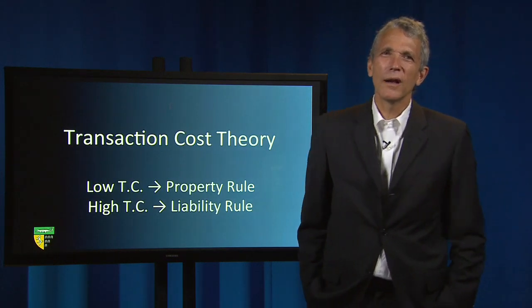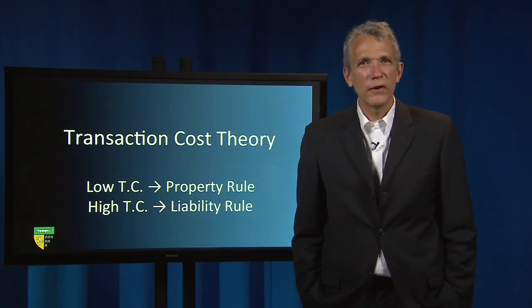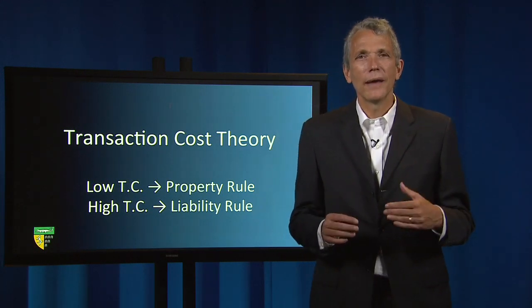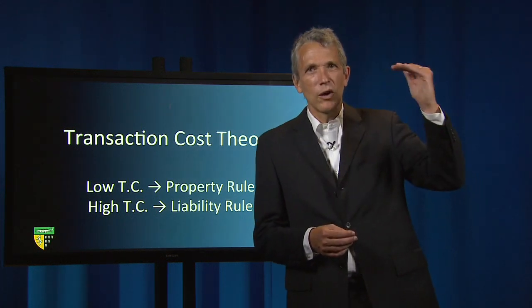Calabresi and Melamed went on to suggest that property rule protections were likely to be more efficient when transaction costs were low, and that liability rules were more likely to be efficient when transaction costs were high.